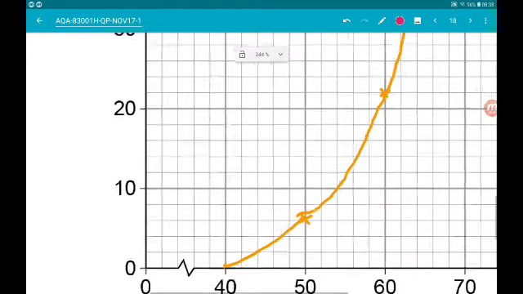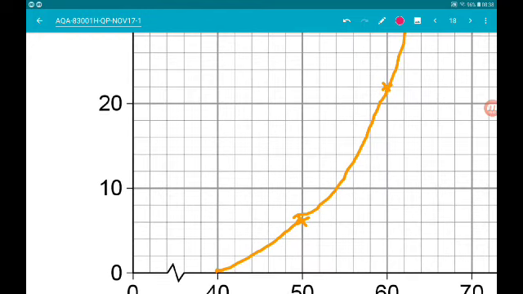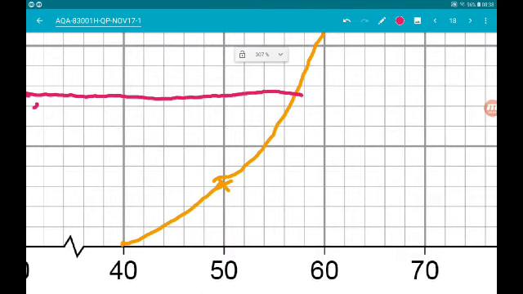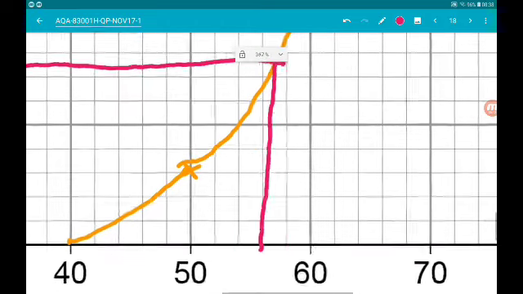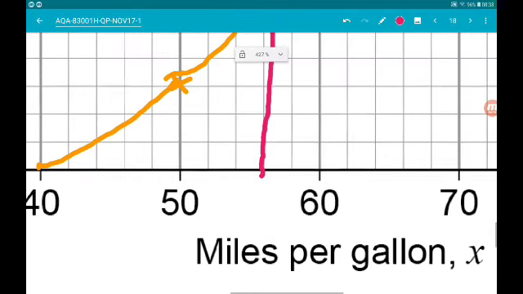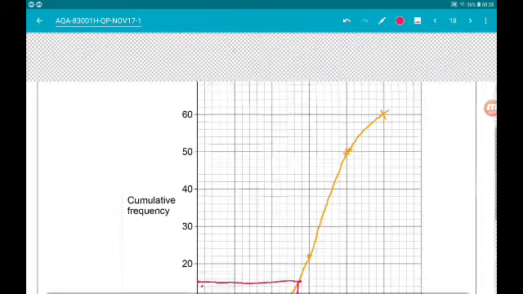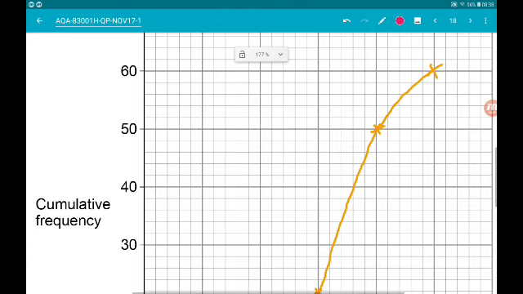So we go across from 15 until we hit our graph, use a ruler in the real thing, and then we go down until we hit the x-axis. So I'm going to say our lower quartile was 55. Now for our upper quartile, we go across from 3/4 of 60, which is 45.